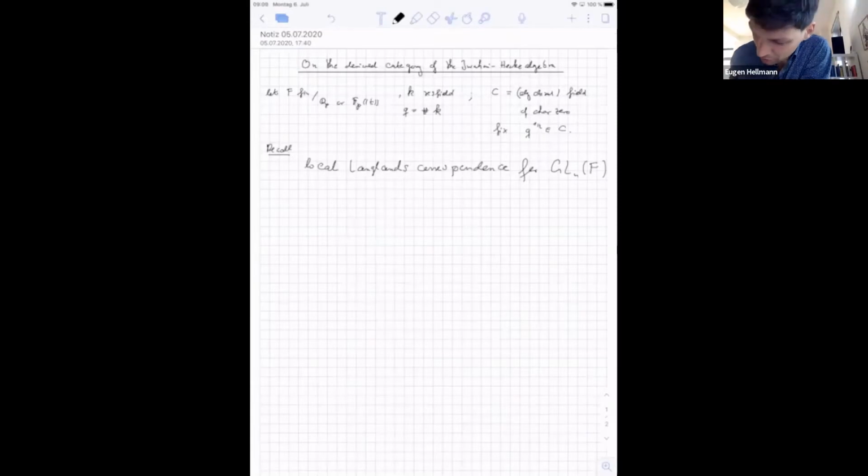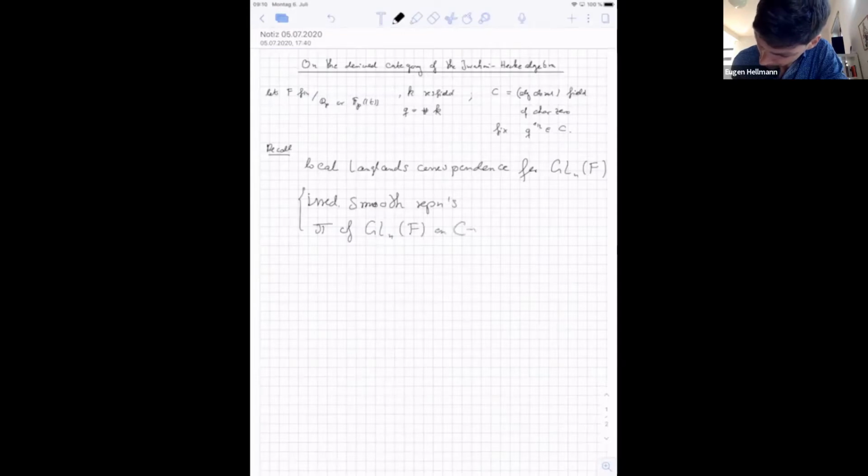So what it's supposed to be about is to parameterize representations. On the one hand side, you have the irreducible smooth representations, say pi, of the group GL_n(F) on C-vector spaces.